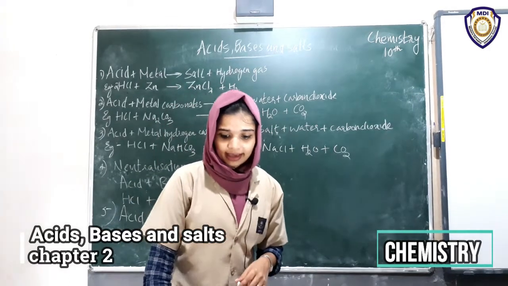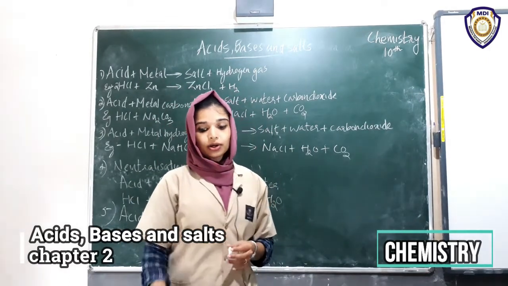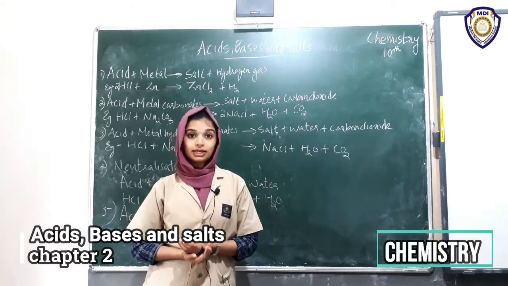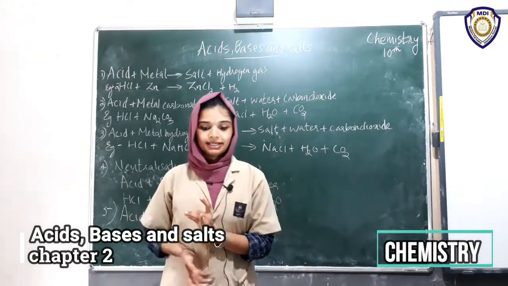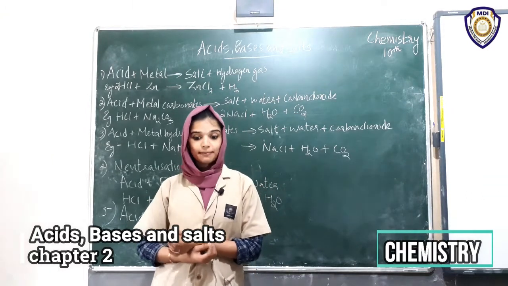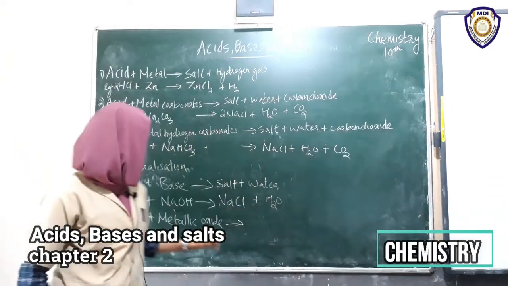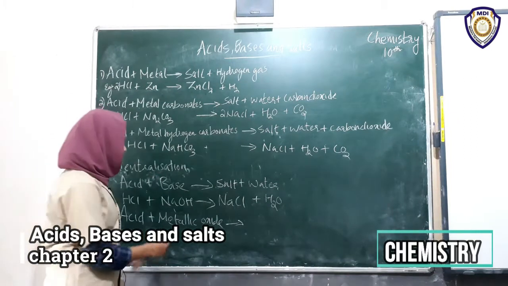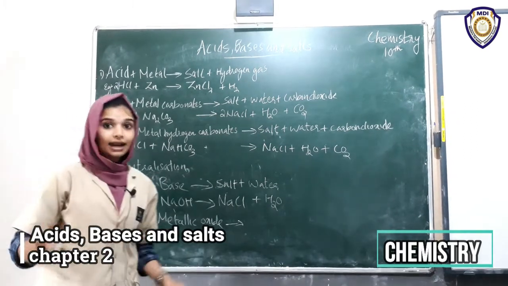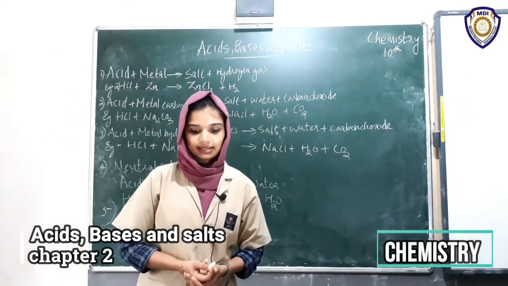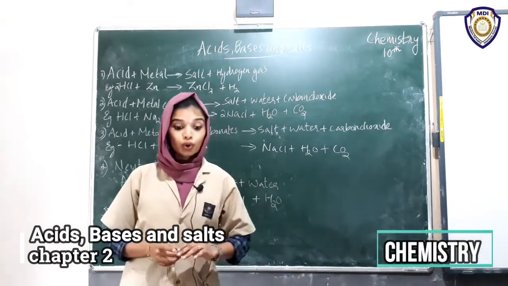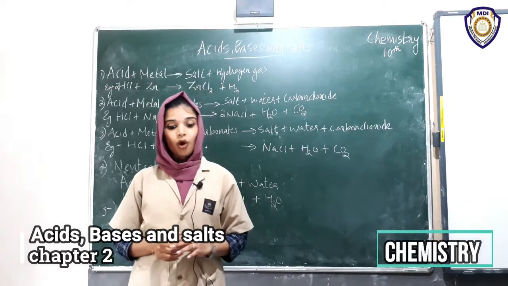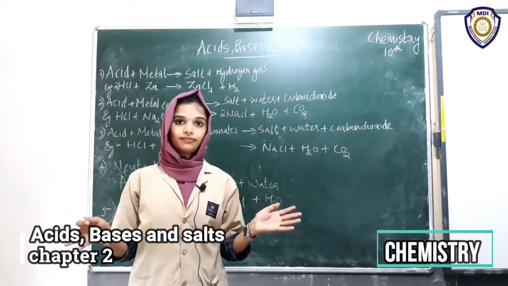Here an example is given. Take a small amount of copper oxide. Copper is a metal; its oxide is copper oxide. So we take copper oxide in a beaker and add dilute hydrochloric acid to it. What happens? It becomes blue green and the copper oxide dissolves.